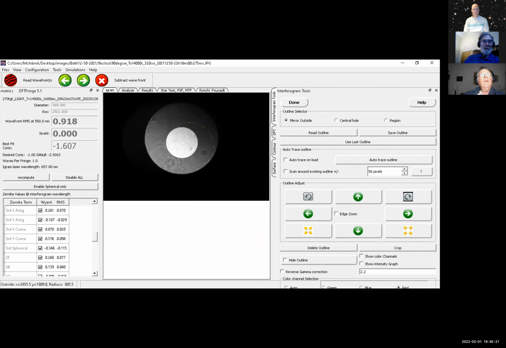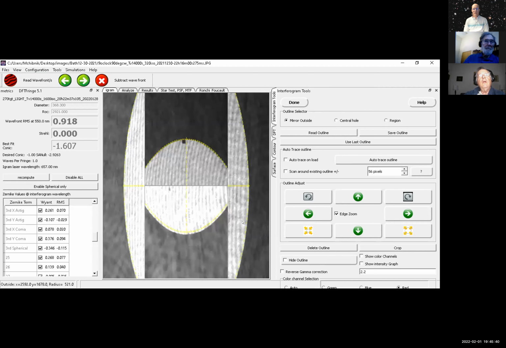Okay, so I think this is my 10-inch. I know it is because the circle is smaller. So I'll go to my mirror configuration. Configuration mirror. Okay, it wants me to do this first. So I zoom here on the edge. I thought red lasers were more like 620 nanometers. You showed 550 nanometers.